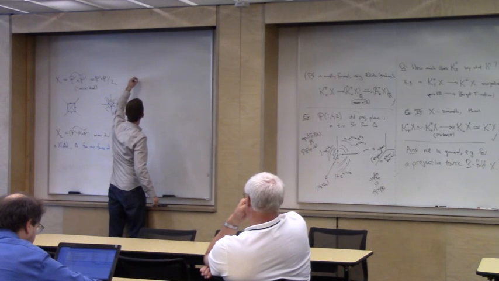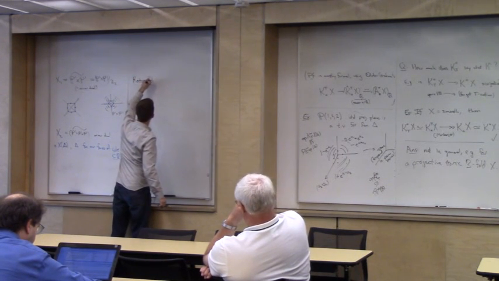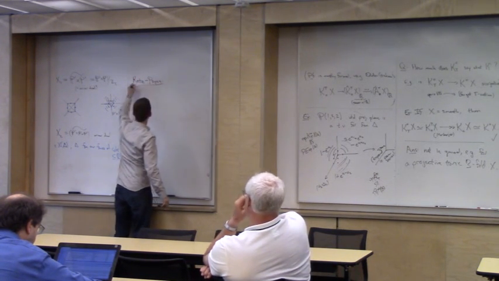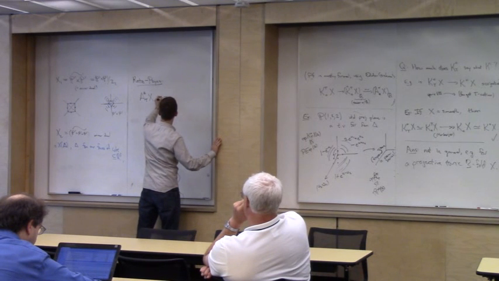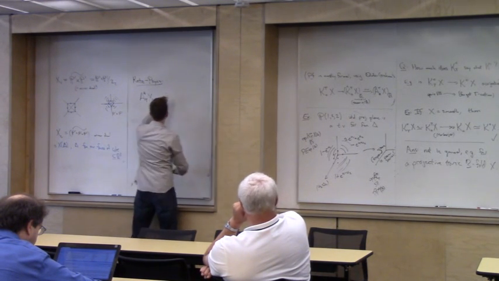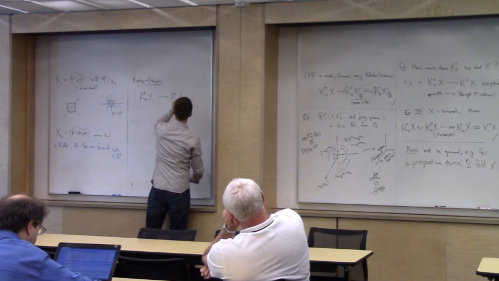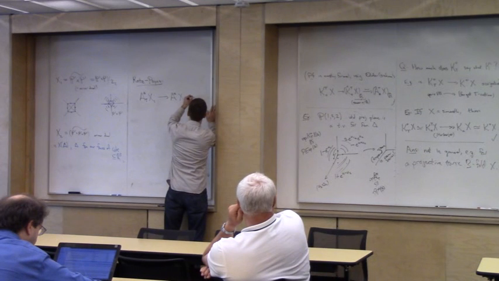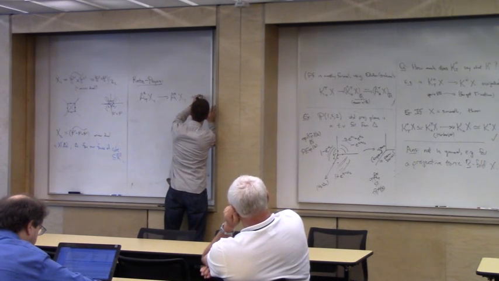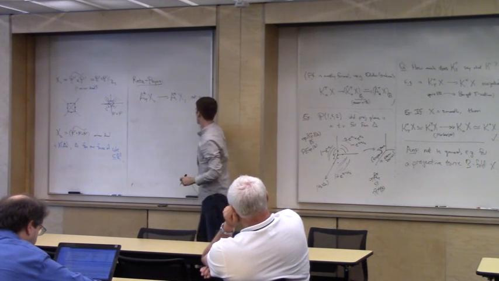So Eric Katz and Sam Payne showed that for X1, the restriction map is not surjective.